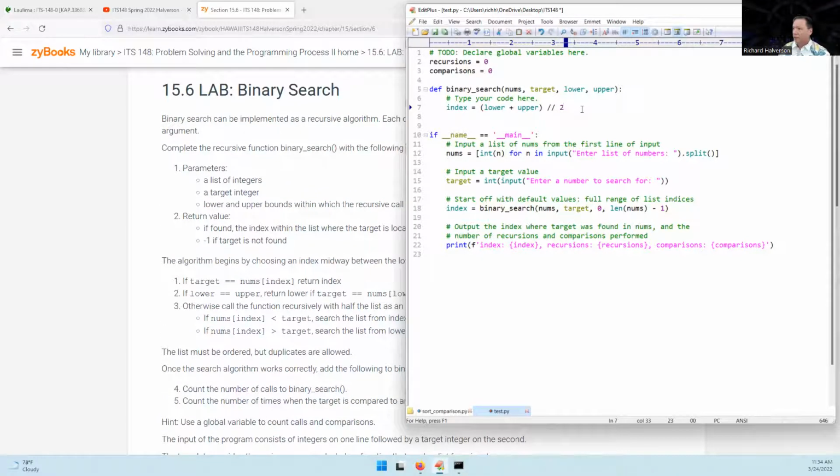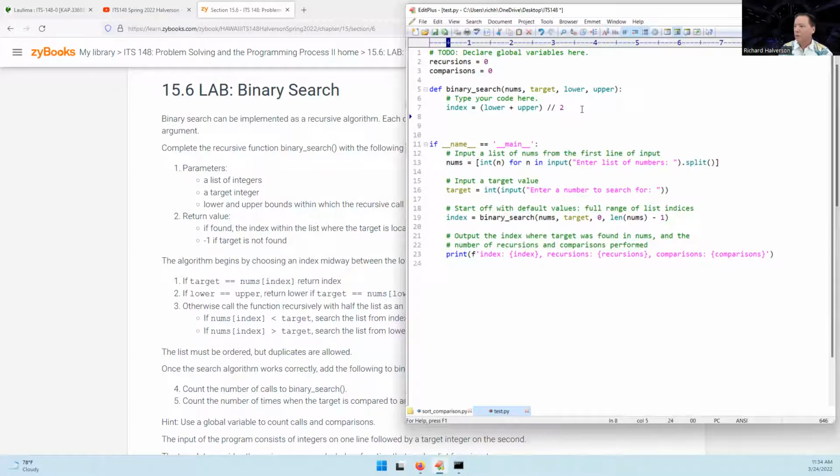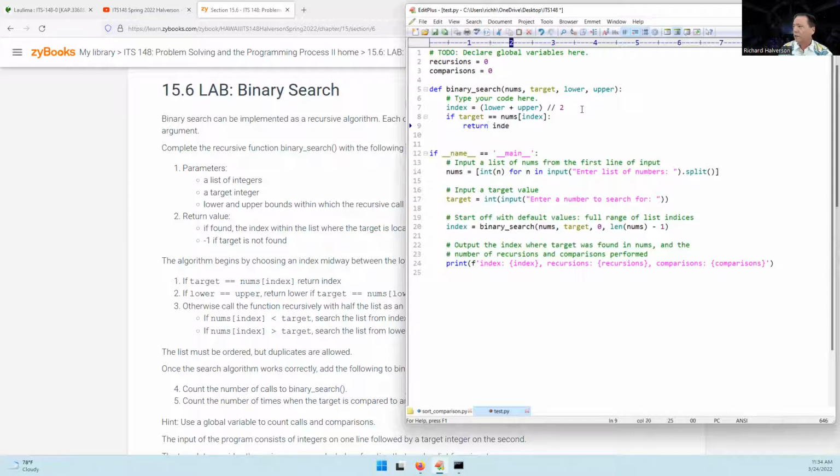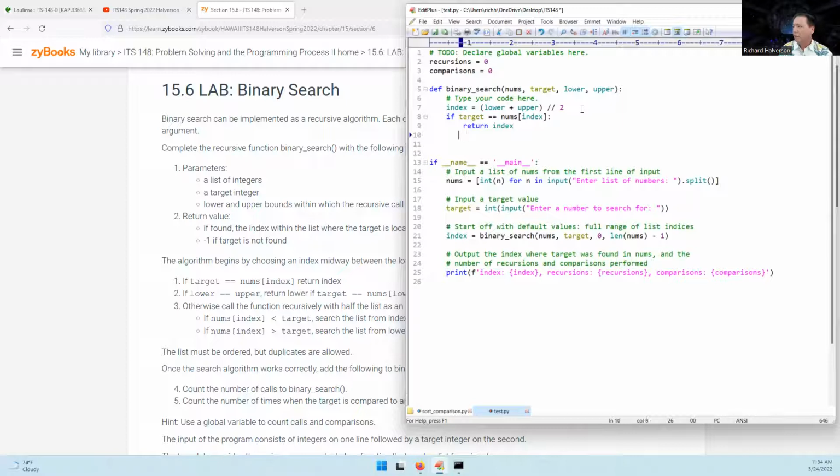Okay, so I've got the index, and I say if target equals nums of index, then return index. Oh, okay. Now I don't need to do else or anything, because if that is true, it's going to return, it's going to be gone, and it doesn't matter what's after it.